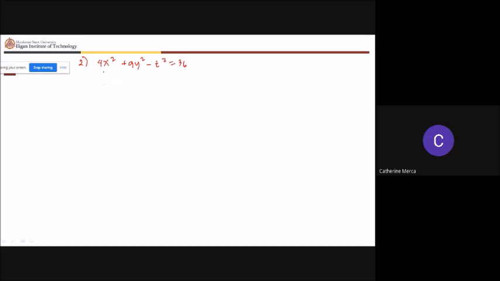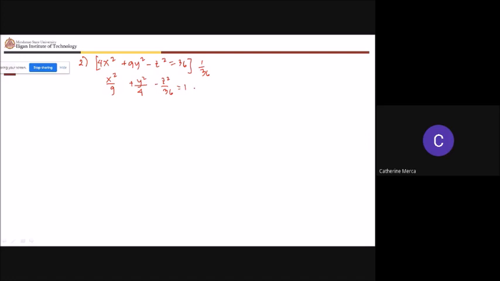Again, we divide the entire thing by 36, so we multiply the entire thing by 1 over 36. X squared over 9 plus y squared over 4 minus z squared over 36 equals 1. So, notice that one term is negative.